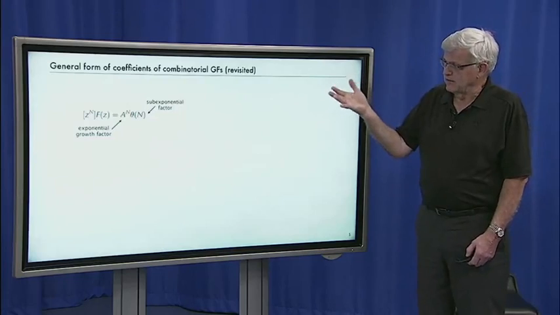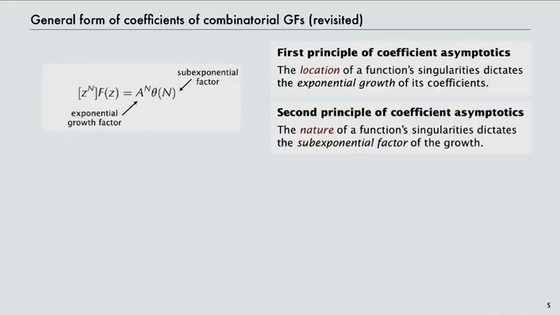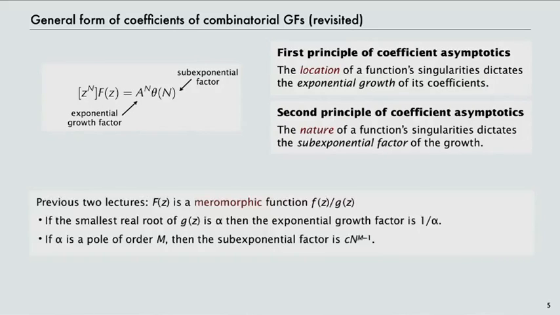Now again, the general form of combinatorial generating functions is that we're always going to have an exponential growth factor and some sub-exponential factor. And our first principle is that the location of the singularities are going to dictate the exponential growth, and the nature of the singularities are going to dictate the sub-exponential factor.